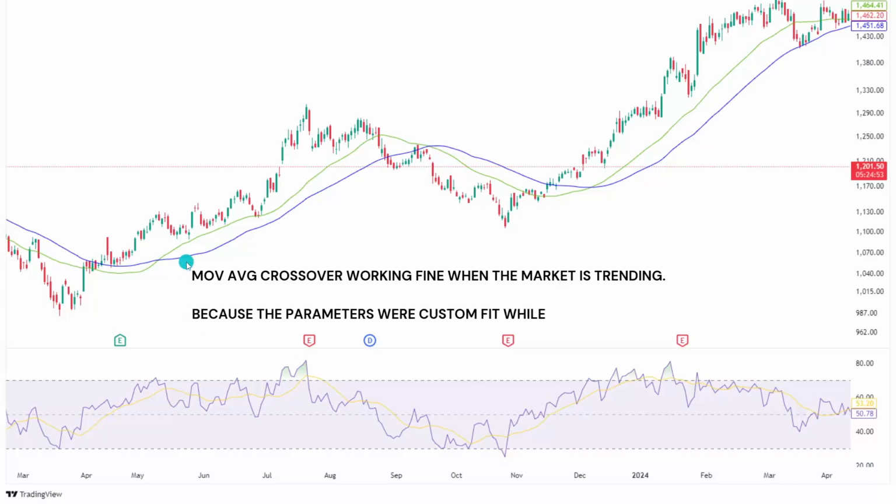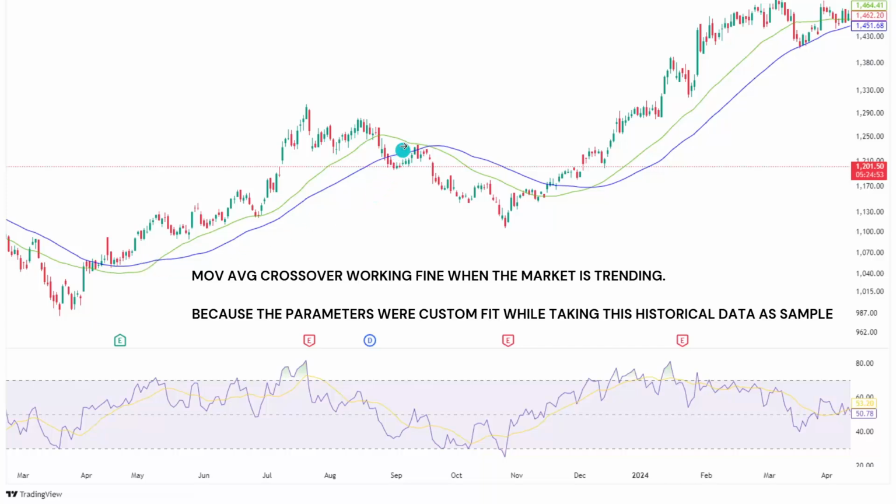Over here, you can see that I have two different moving averages plotted on the chart. Below I have a 14 period RSI. Let's assume that if the green moving average crosses above the blue moving average, we have a buy setup, and when the green moving average closes below the blue moving average, it's an exit.